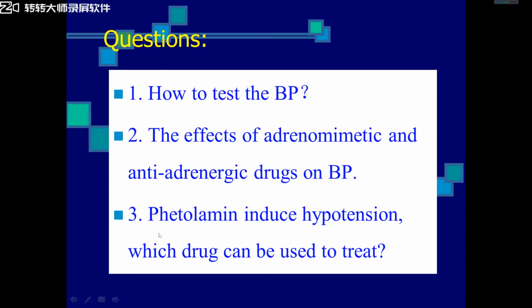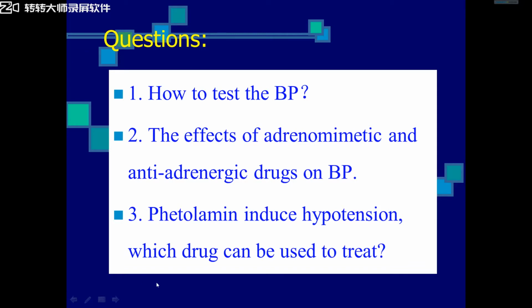Okay, next one. The last question is, if we use some antihypertensive drugs to treat hypertension, such as phentolamine, it may induce drug overdose and hypotension. So the drugs induce hypotension.